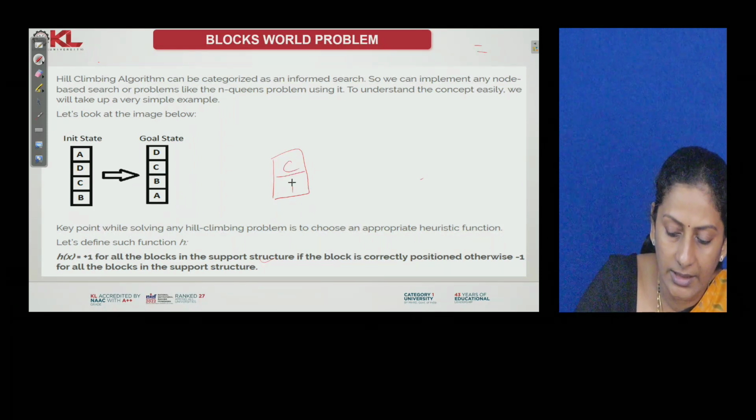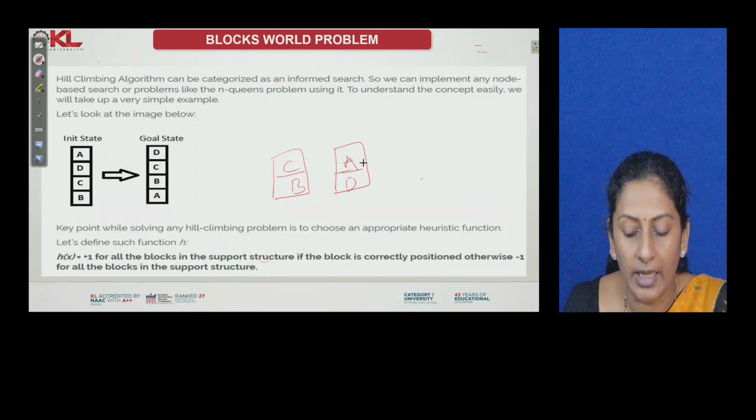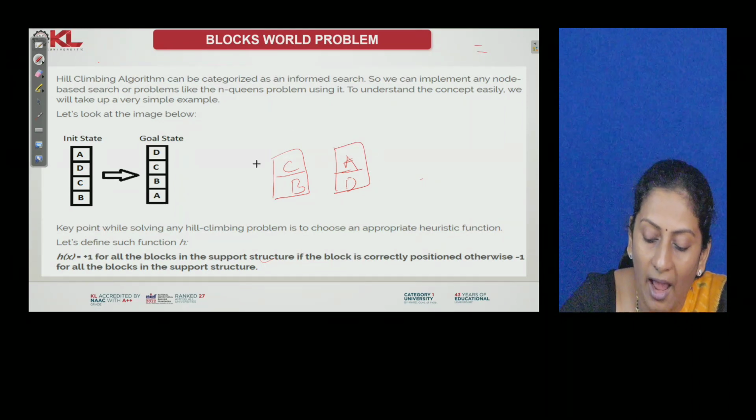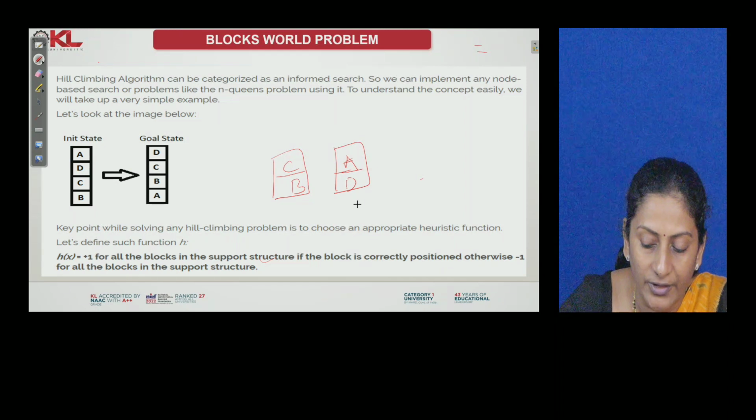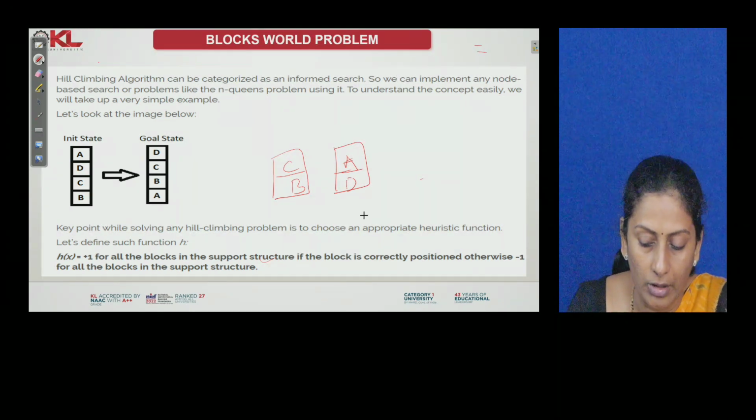I will take C, B, and I have performed 2 sequential steps. So I got D and I got A on the top of D. This is my current state, for example, right? I have to calculate the heuristic value of this state to know whether it is better than the previous state or not.